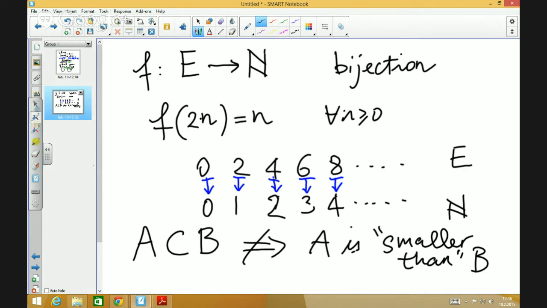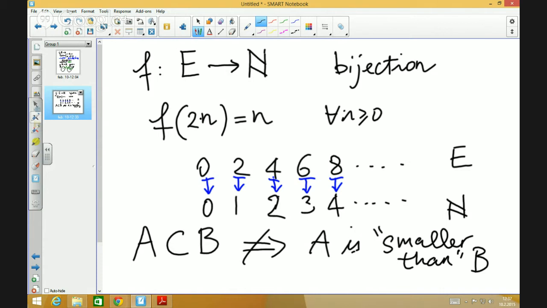Thou shalt leave behind anything that you call intuition when you move to infinity. Because if you carry your finite intuition with you, you're lost right at the beginning. Thou shalt use, that's the second commandment. When Moses comes down with the infinity laws, the second commandment is, thou shalt use the definition of what it means for two sets to be equivalent, to have the same cardinality.